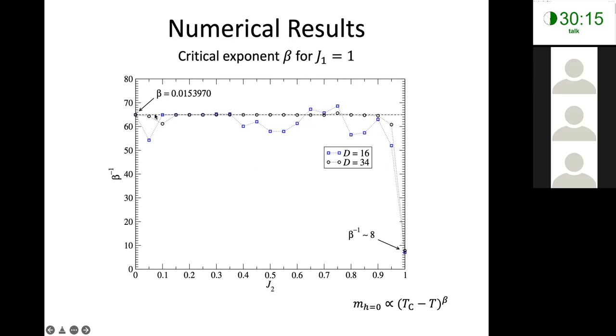In the case of the beta exponent, beta does not change on the entire interval from 0 to 1, and it stays the same as for the pure fractal case. And then there is a sudden jump to the correct value for the square lattice. So this is a jump of one order of magnitude at J2 equal to 1. That is kind of surprising behavior.